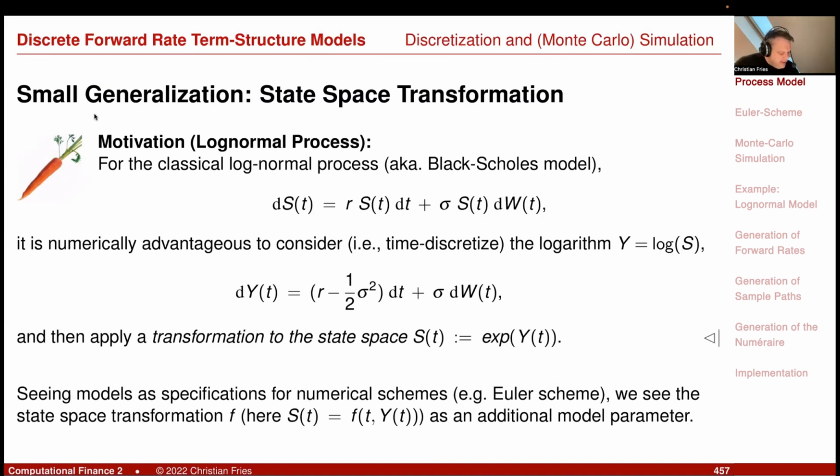And this is now the motivation that I would like to generalize my Euler scheme. So consider the classical Black-Scholes model, where my stock is a log normal process. So I have dS = r S dt + sigma S dW. We observe there is an S in front.